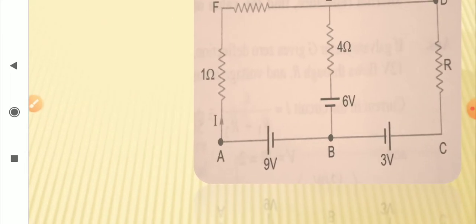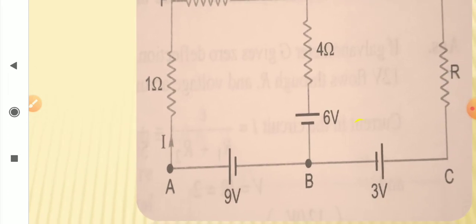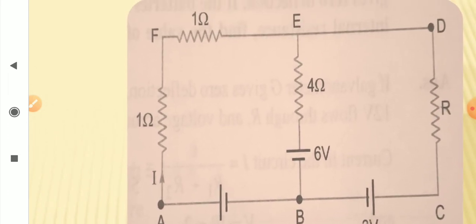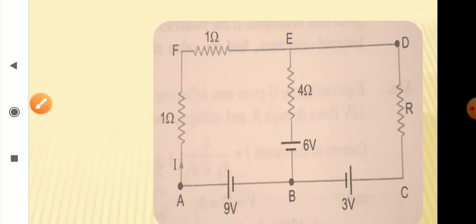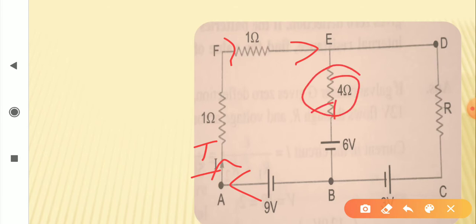And let us look at the solution first. See, it is the same circuit. Let us try to look at the direction of current here. From this 9 volt battery, this current I has started. The same current I is passing through 1 ohm and through this 1 ohm, and at this point, the current through this 4 ohm is 0.